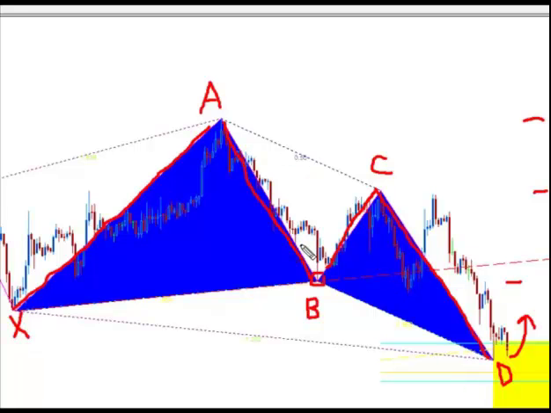The B point, as I said before, is kind of like the heart of the pattern. It's the most important part, meaning that when price does increase here, we're going to see some resistance at B, but if we can get past B, then the rest should be pretty clear sailing.